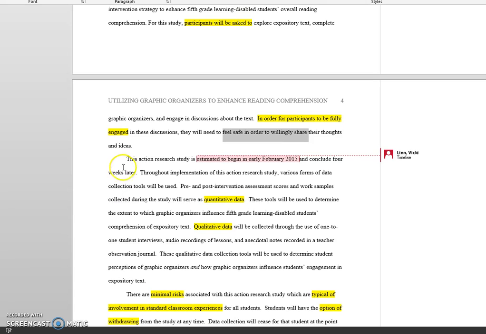The next paragraph goes on, and this is where it really starts becoming similar to a lesson plan. You identify the time frame. Very typically in ED 750, our students start their studies in early to mid-February, and then the data collection takes place, generally at minimum a 2-week period, most often a 4-week period, and most often not any longer than a 6-week period.